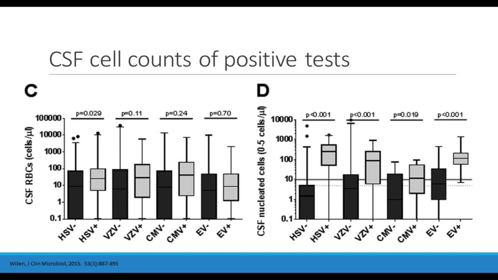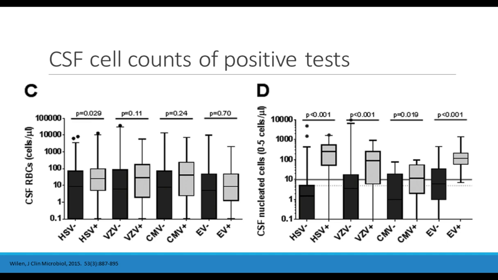If we look at the cell counts for red blood cells, again for HSV, there was a trend towards more red blood cells being present in HSV positive cases than HSV negative cases. Same thing with VZV, but again, not super solid in terms of whether we can really hang our hat on this parameter.